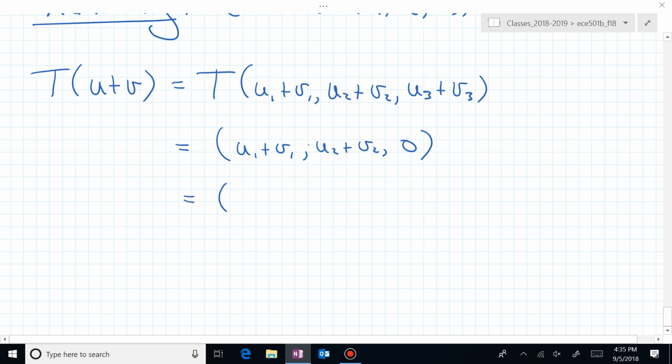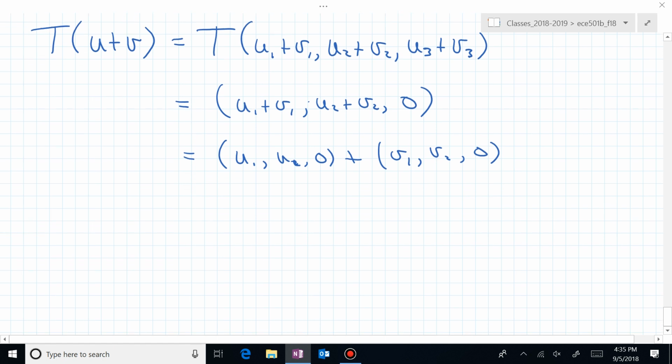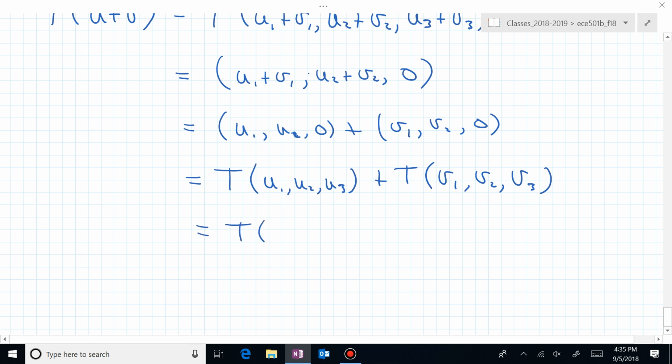We can now think of that as U1, U2, 0 plus V1, V2, 0. But that's simply T of U1, U2, U3 plus T of V1, V2, V3, or TU plus TV. So it does satisfy additivity.